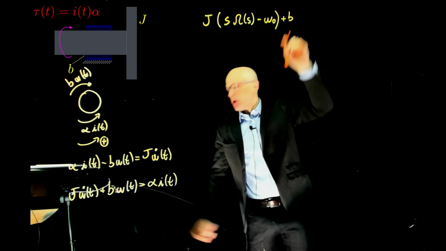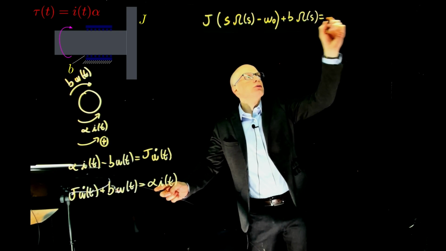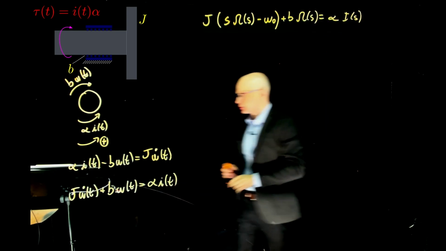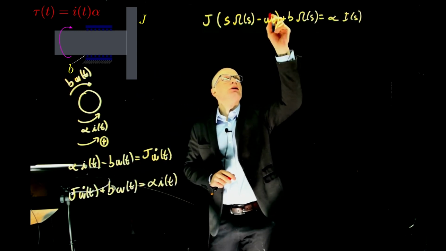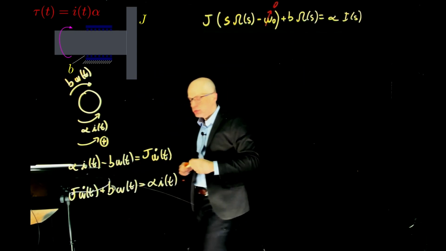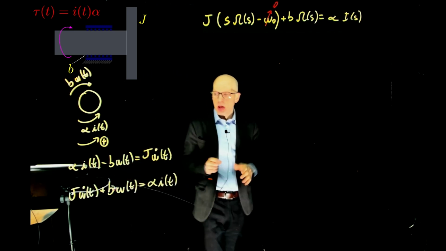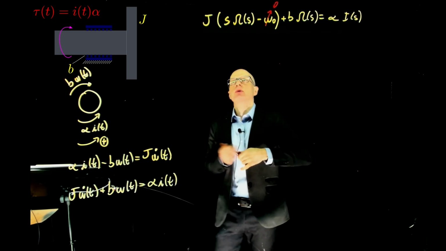Plus b, omega of t becomes omega of s, and equals alpha, I of t becomes I of s. We are saying that there are no initial conditions, so this is 0, but it wouldn't be if the system was rotating when we apply the torque. And you can now rearrange this expression. On this side of the equation, you keep everything with omega.